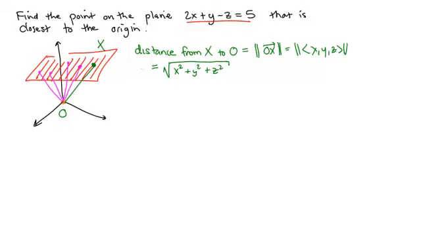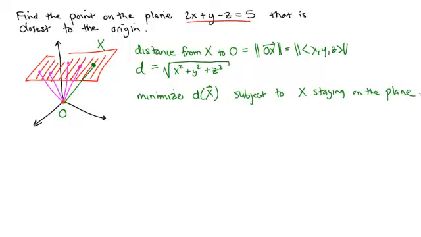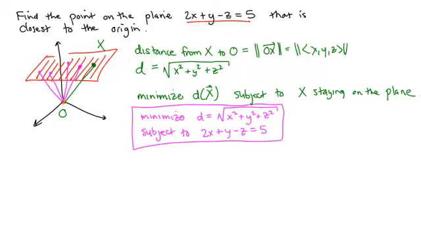So we could call this, say, d for the distance. So what do we want to go and do? We would like to minimize the distance of a point to the origin subject to the point x staying on that plane right there. In other words, we'd like to minimize the square root of x squared plus y squared plus z squared subject to the constraint that 2x plus y minus z is equal to 5.